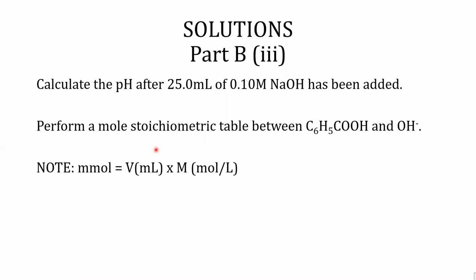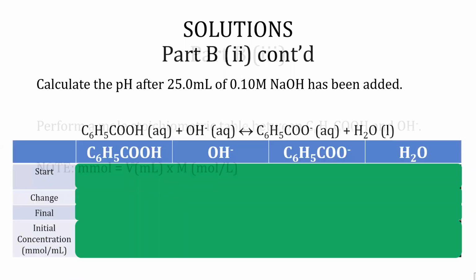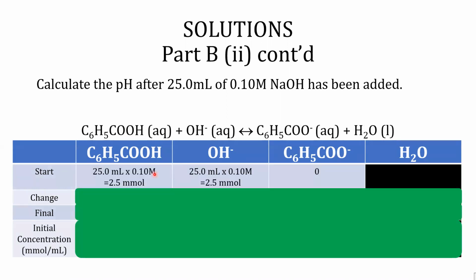The third problem is to calculate pH after 25 mL of 0.10 M NaOH has been added. The construction of an mmol stoichiometric table is performed. The mmol of C6H5COOH and OH minus are found by taking 0.10 M times 25 mL equals 2.5 millimoles each.